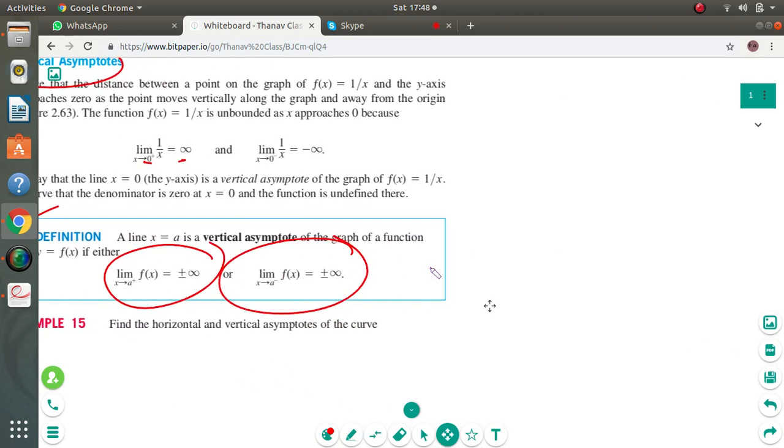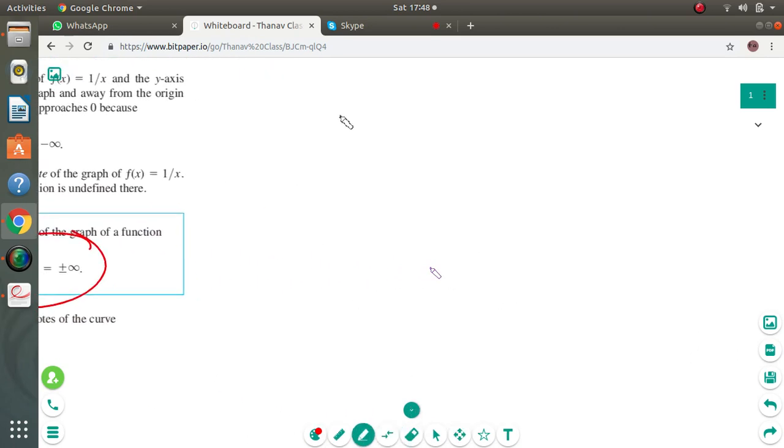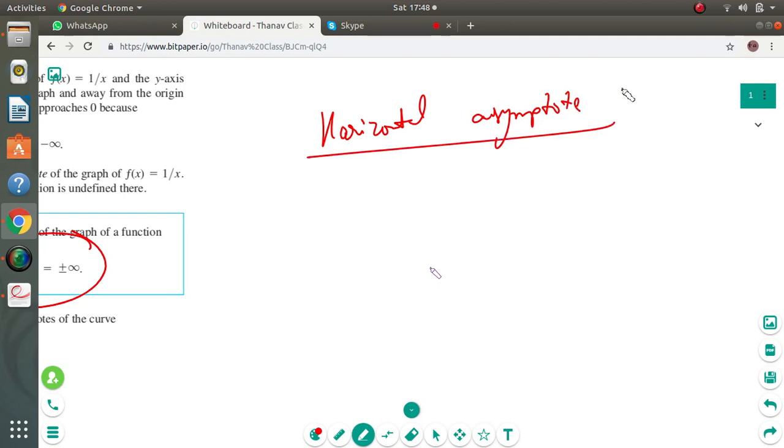Now you can write here the definition of horizontal asymptote, in terms of limits. Write the equation for horizontal asymptotes.